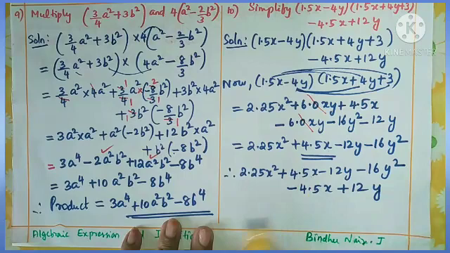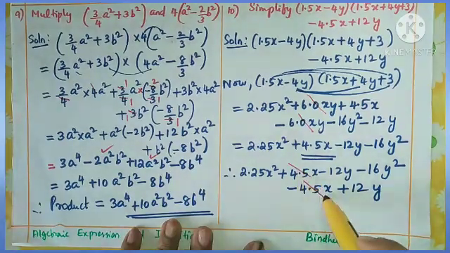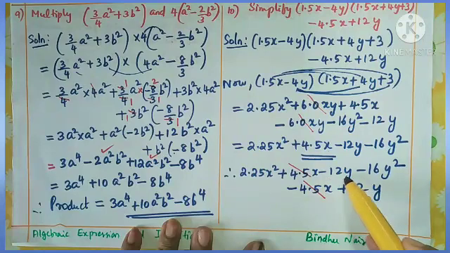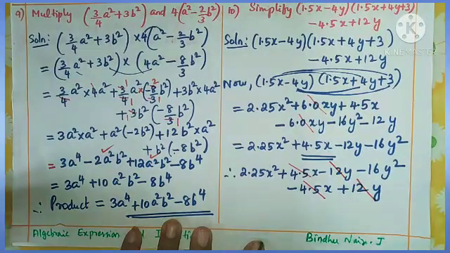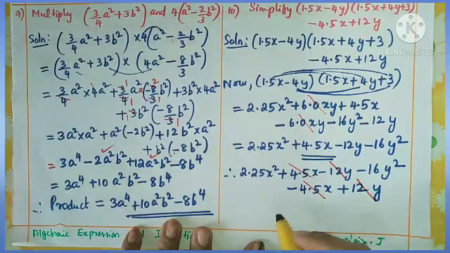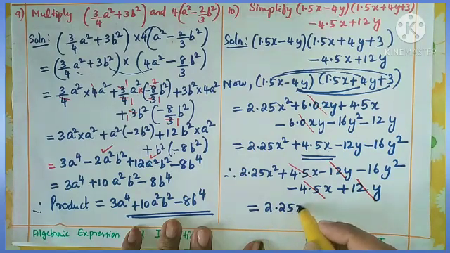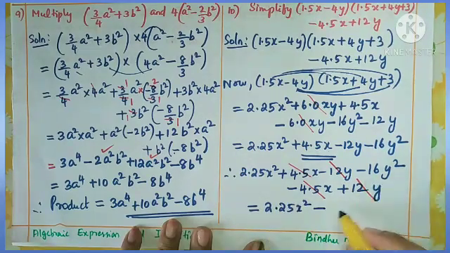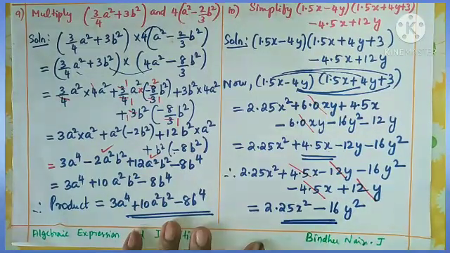So they are additive inverses. So here they cancel and become 0. And here you see minus 12y plus 12y. They are also the same term but different sign, it becomes 0. So that is also cancelled. So what is the remaining that we have? 2.25x square minus 16y square. So this is the required answer.